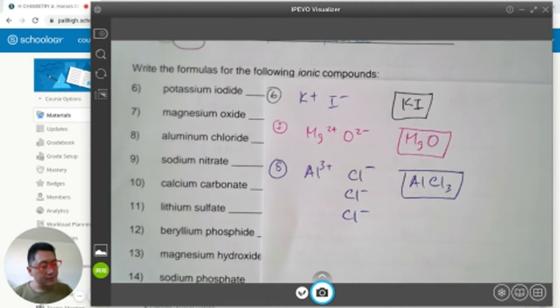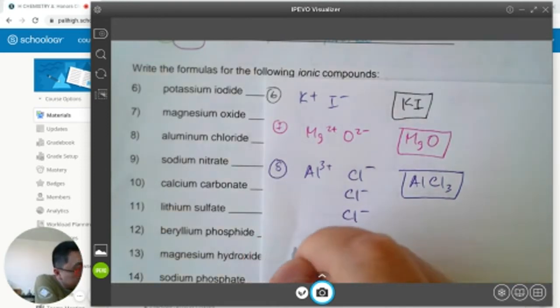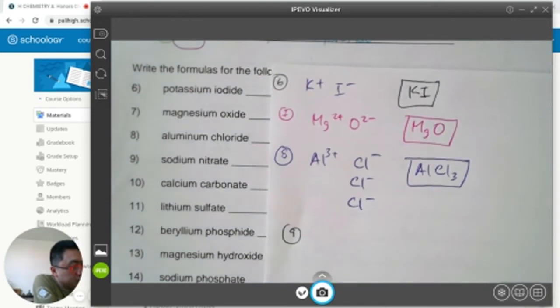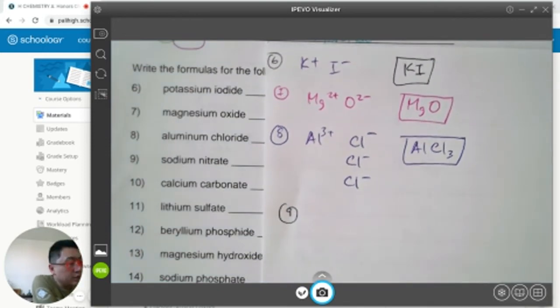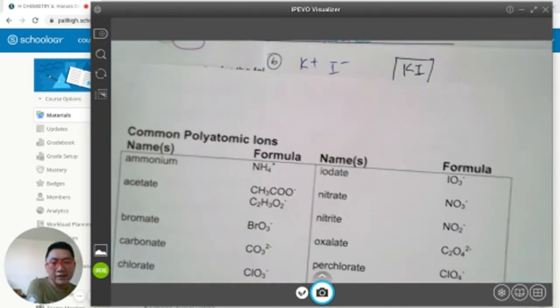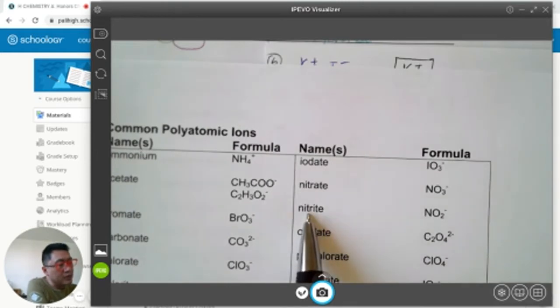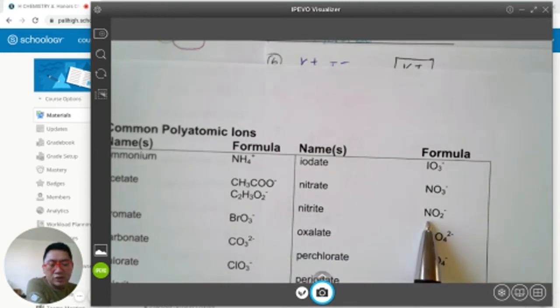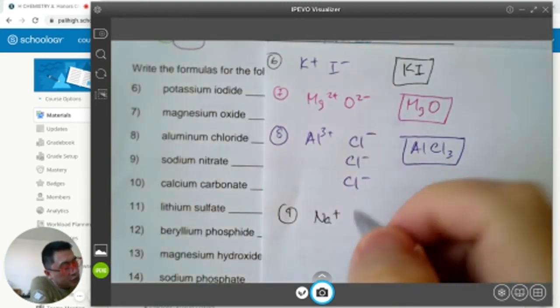Question number 9 says sodium nitrate. Sodium is Na, it's +1. What's nitrate? On page 45, again, it's the same table. Nitrate is NO2-.